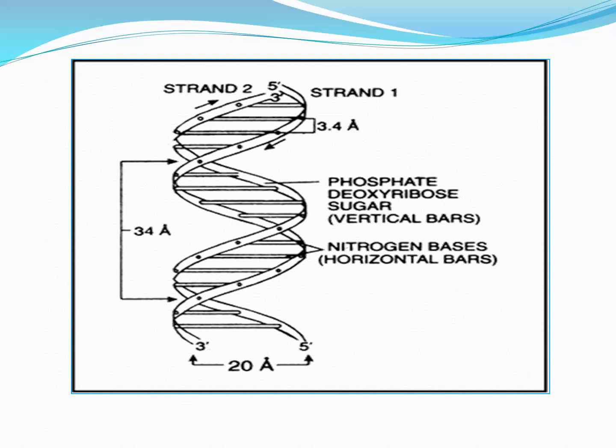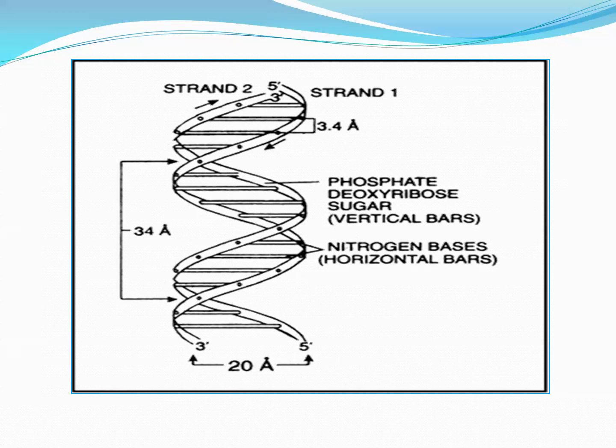This is the helix length, 34 angstrom, which is the length from major groove to major groove or minor groove to minor groove. Here we can see the rise per base pair, 3.4 angstrom, and the attachment of the phosphate and deoxyribose sugar, which are the vertical bars. The phosphate deoxyribose sugar is the backbone of the DNA.